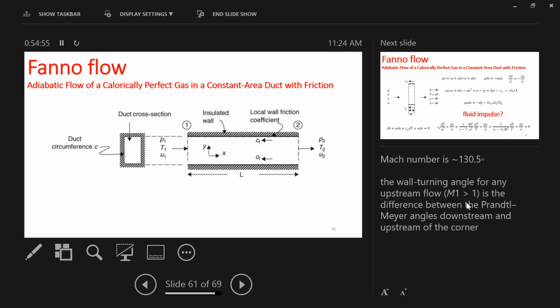But for the Fano flow, there is another type of flow, which is adiabatic, constant area. We are going to deal with a calorically perfect gas, but the difference is that we do not neglect the friction, right?